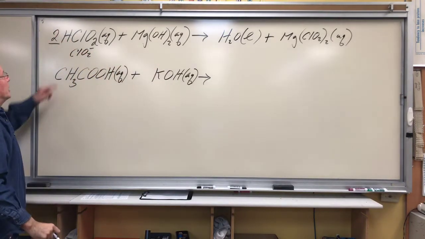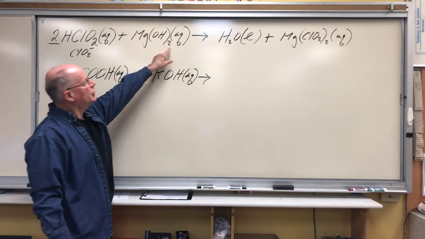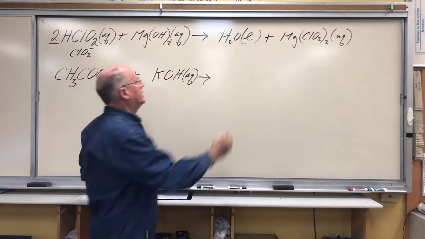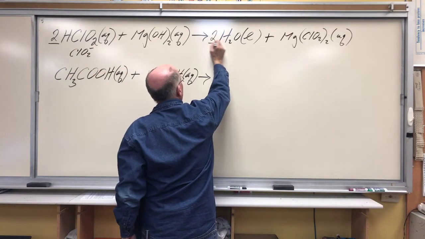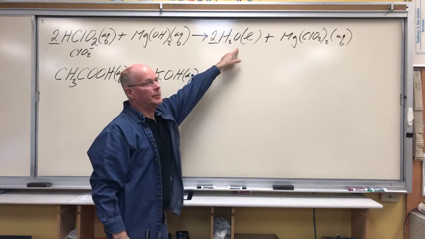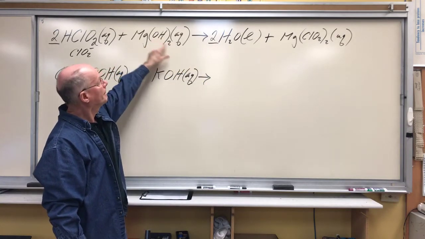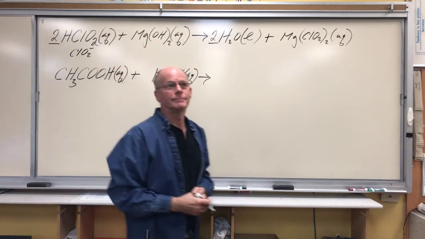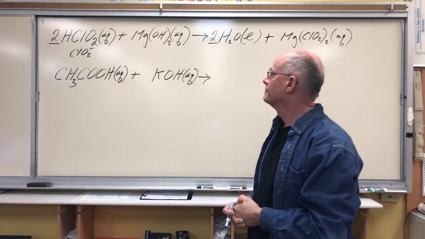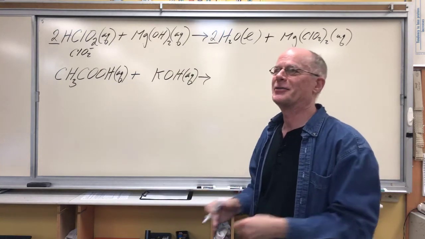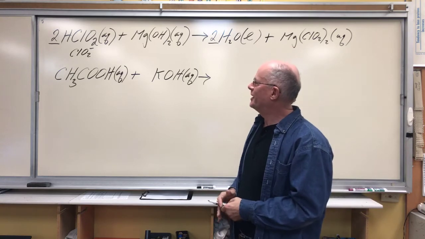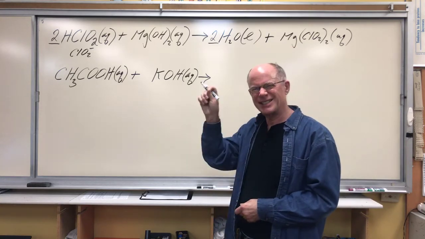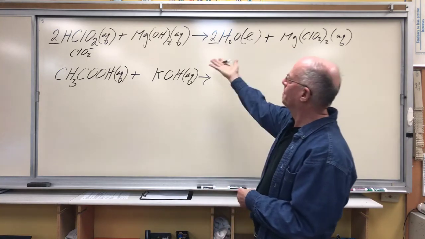That'll give me 2 hydrogens, but I also have 2 hydrogens here. So I need to put a 2 here to give me the 4 hydrogens I need, and that'll also give me the 2 oxygens that I need here. I always enjoyed this kind of stuff when I first was learning it. It's kind of like a little puzzle and piece it together, and it looks pretty cool.